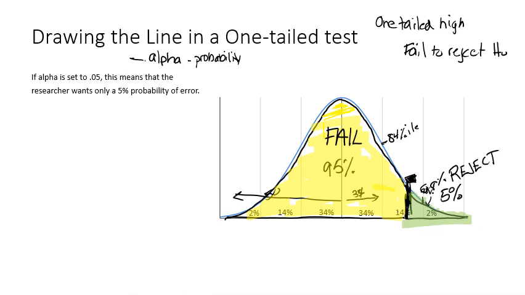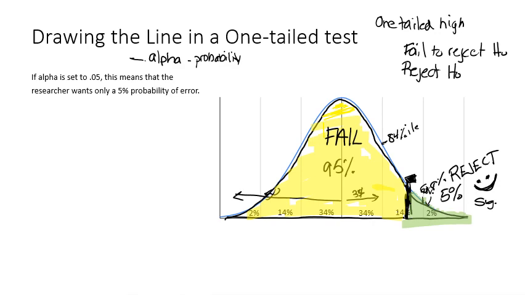What that actually means is we're rejecting the null hypothesis, which says it didn't work, and the researcher likes rejection. The researcher is very happy because now this is a significant result.